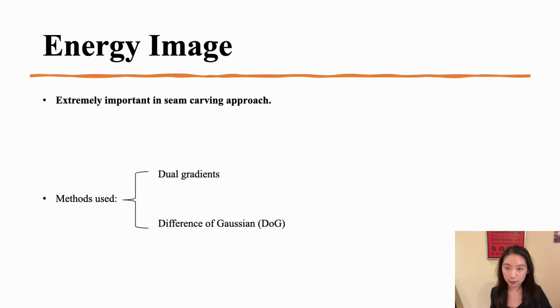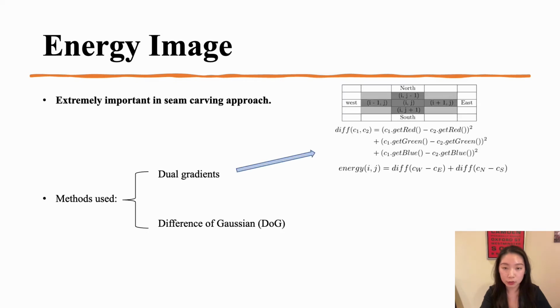The first step in SIM replacement is getting the energy image, which is very important because SIMs will be added in the parts of the image where there is less energy information. Pop uses a dual gradients energy function that uses the sum of the differences between the left, right, and the top-bottom pixel colors of the center.